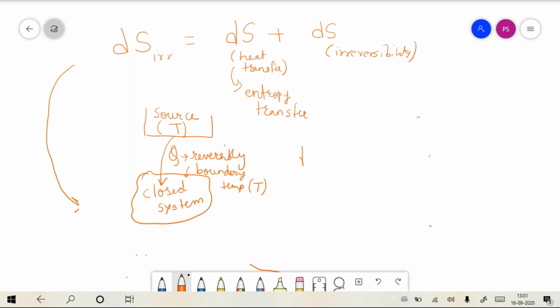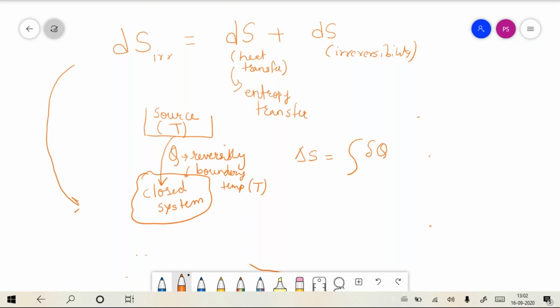So the change in entropy during this process would be del Q by T. Or let me write it down: the change in entropy during this process would be the integral of del Q by T. Because this is a reversible heat transfer, and this heat transfer happens at constant temperature, at the source temperature, I can take this T outside the integral.